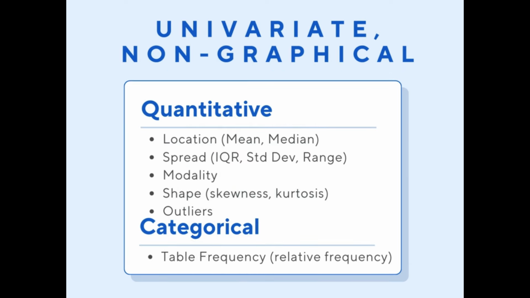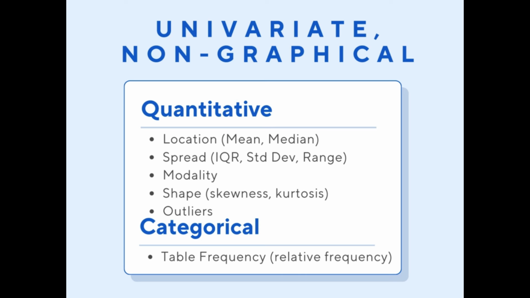For the univariate non-graphical technique, we can look at the location, which is basically just the mean and the median, and it answers the question, what's the average or typical value in our data? The spread, using the IQR, standard deviation, and range, answers the question, how spread out is our data?